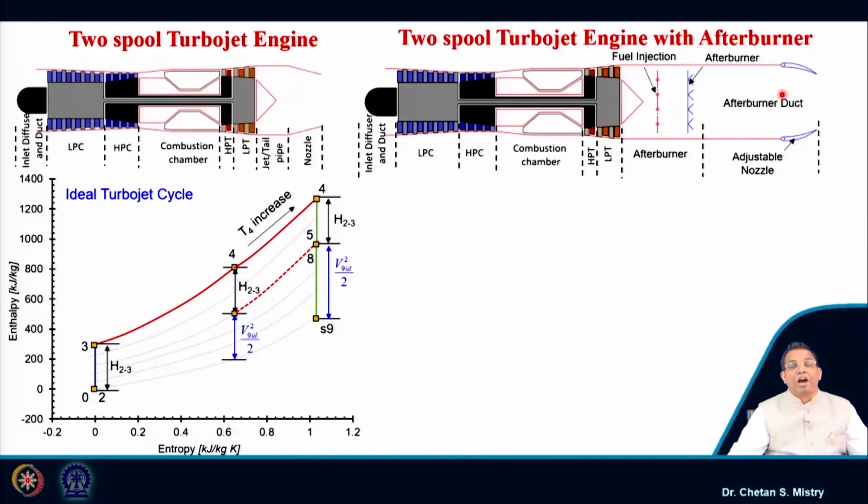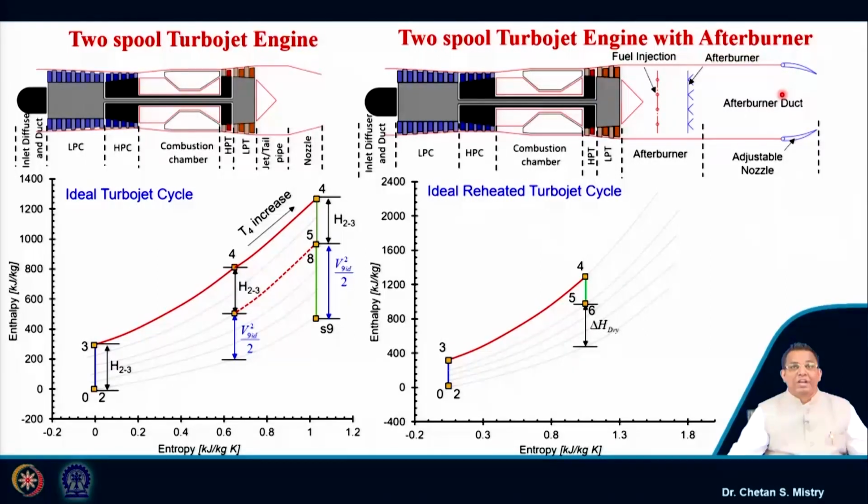So, afterburner means we have a burner after the main combustor or main burner, and that is the reason why we call it an afterburner component. Now, when we incorporate this afterburner, the flow coming out from the turbine will not go directly to the exhaust nozzle, but we add heat at constant pressure here, and by doing so we are able to increase the temperature at the entry of the nozzle.